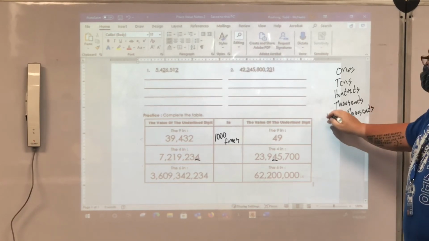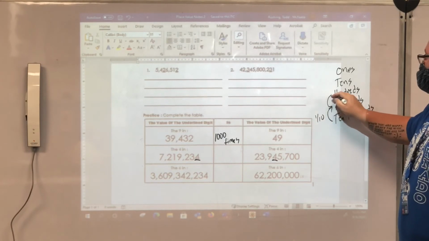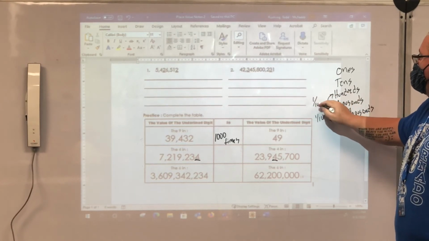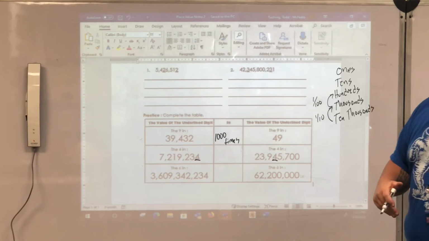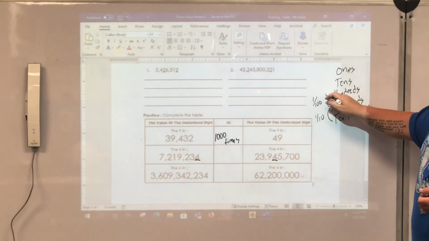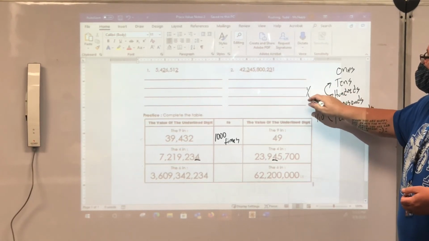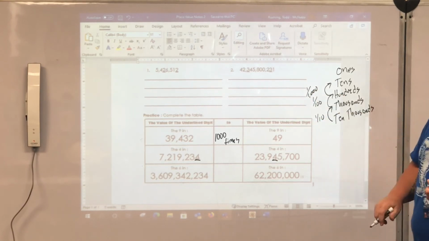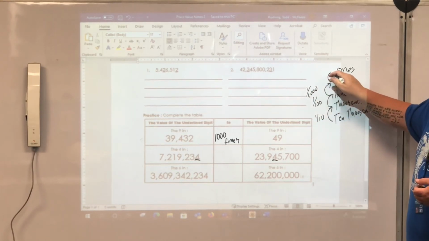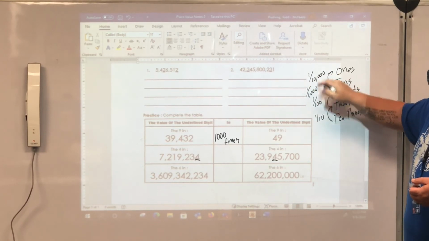So from here to there was 1/10. That was 1/100th, because each level is 10 times smaller than the one before it. From hundreds to tens would be 1/1000, and then from tens to ones is going to be 1/10,000.